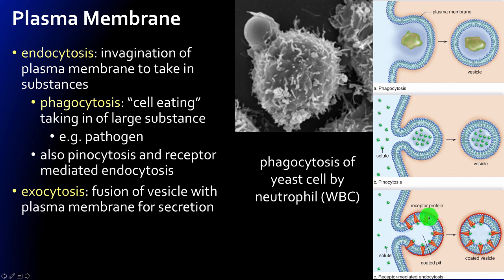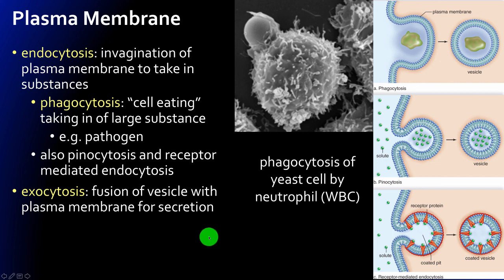And in receptor-mediated endocytosis, we are taking in particular particles. That is, we have receptor proteins which bind to something in particular, which line this vesicle that we're going to pull in, so that we are pulling in more of a particular substance than we would in a normal pinocytosis.